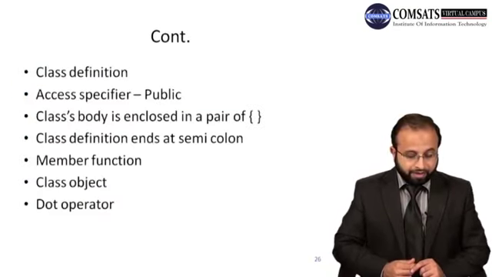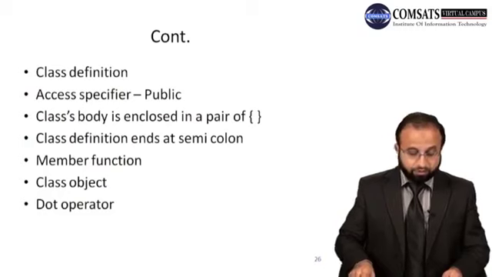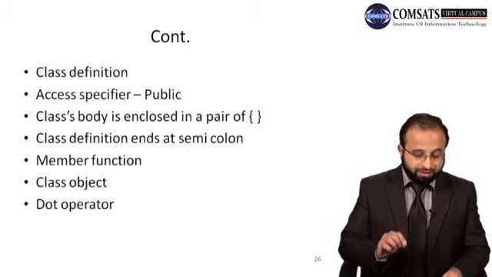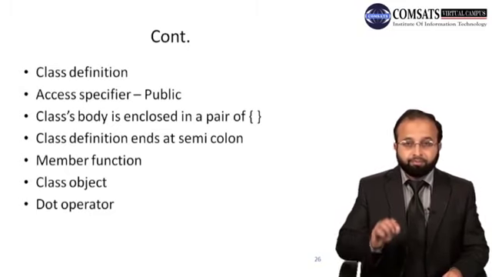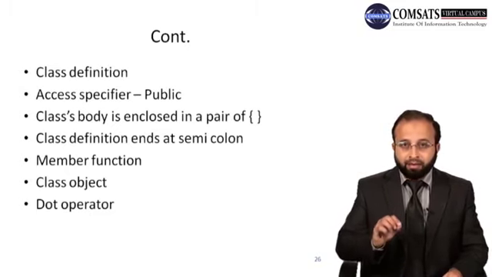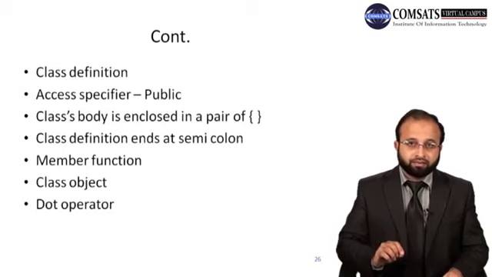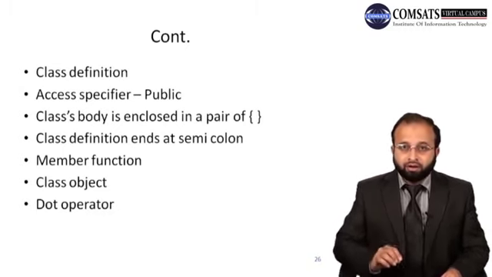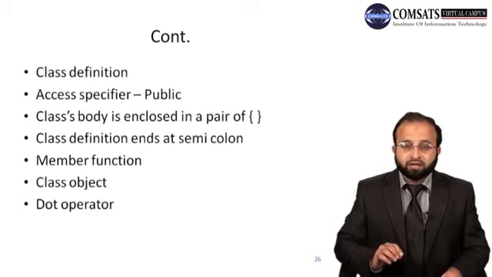Then we have seen a class object, what the objects of the class are, and the dot operator. The dot operator is used with the object to access the public member function of that class. Let me repeat it. The dot operator is used with the object of that class to access the public member function of that class.